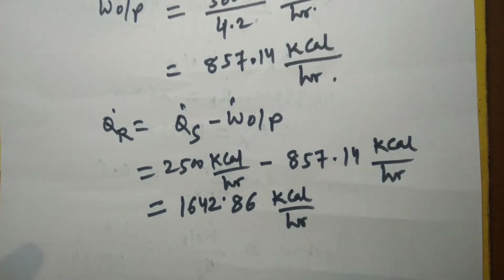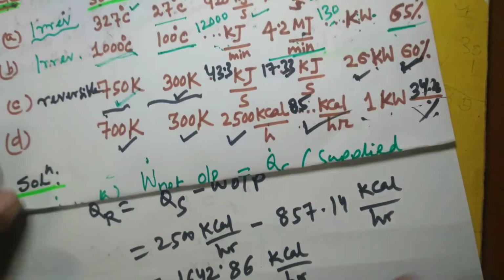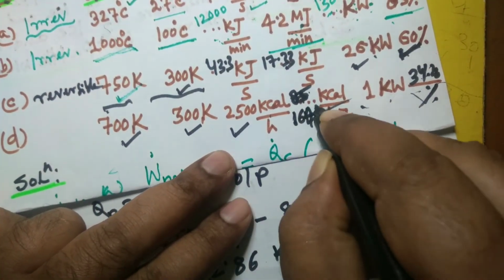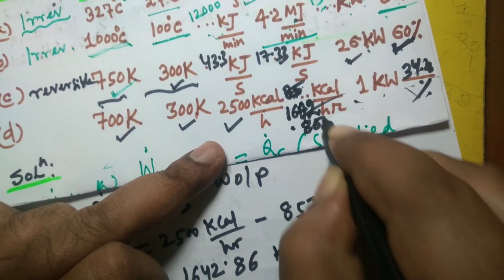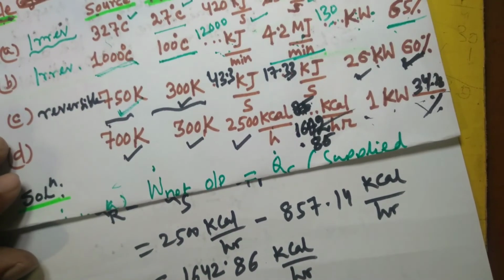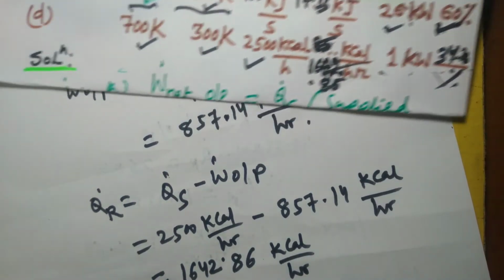This is the heat rejected. And now we have to classify whether it is a reversible or irreversible heat engine.